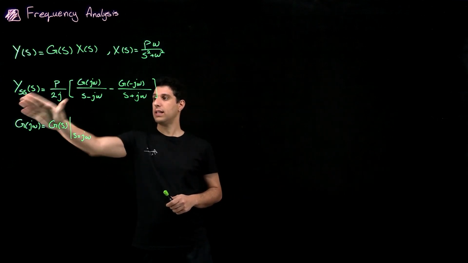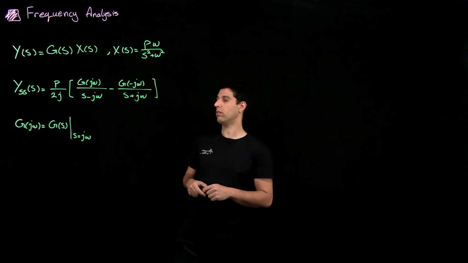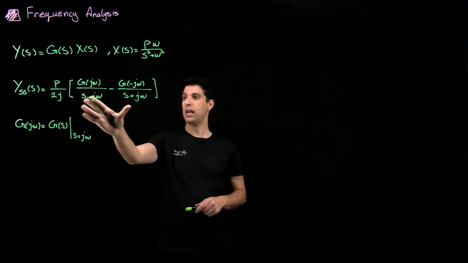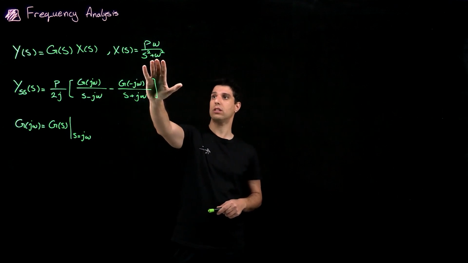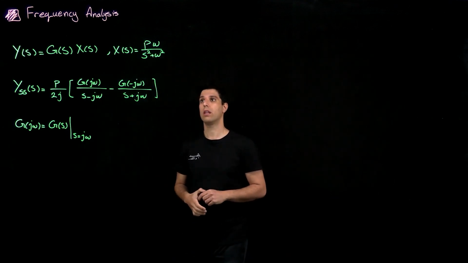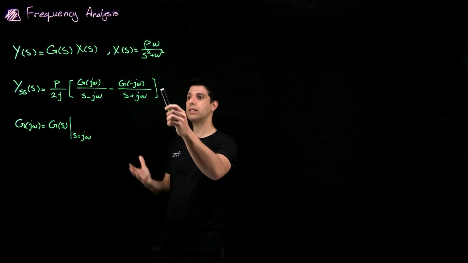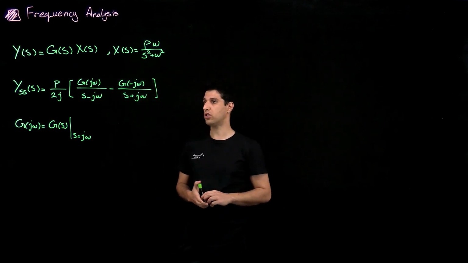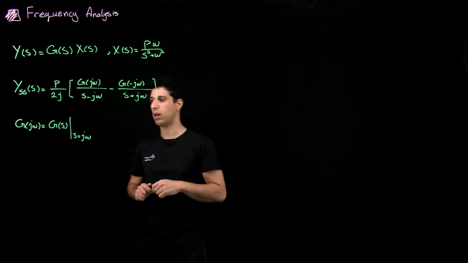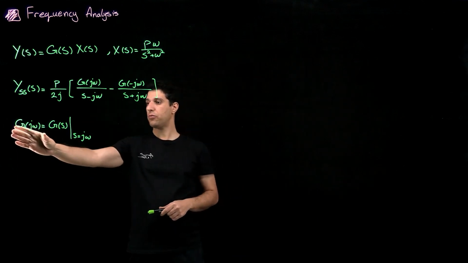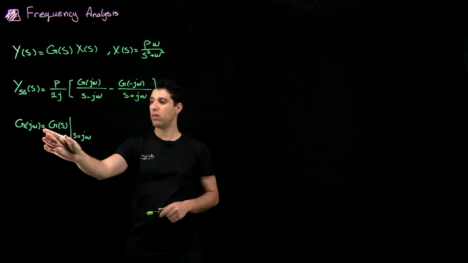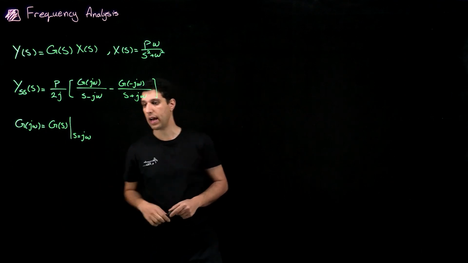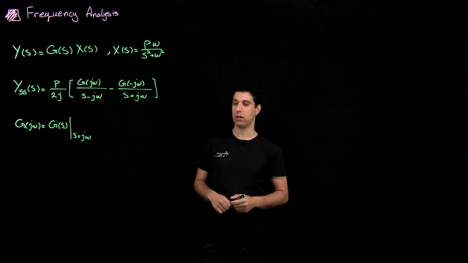The steady state response at the end of the day contains two terms that are determined by the input and somehow modulated by the transfer function G of s. And this is what we arrive at. And G of j omega is G of s, the transfer function evaluated at s equals j omega.